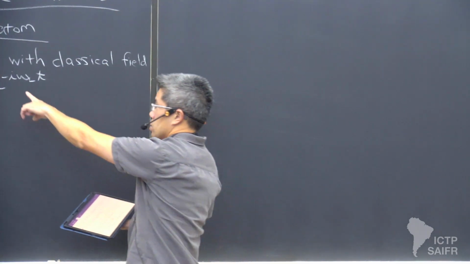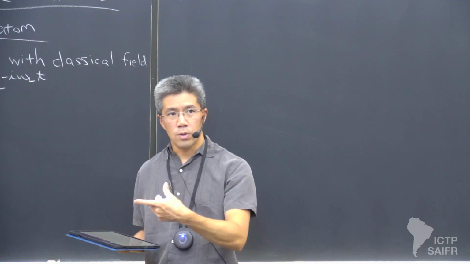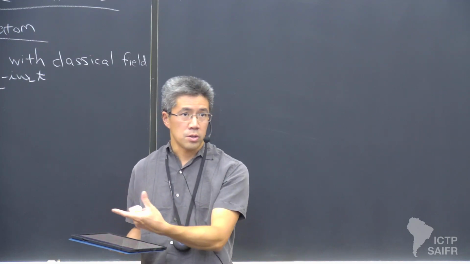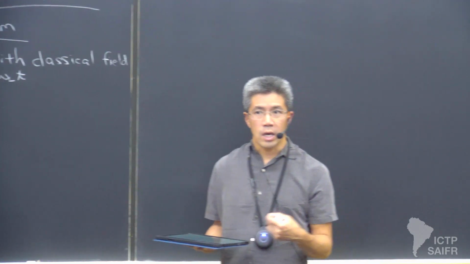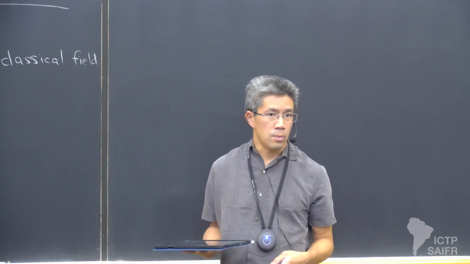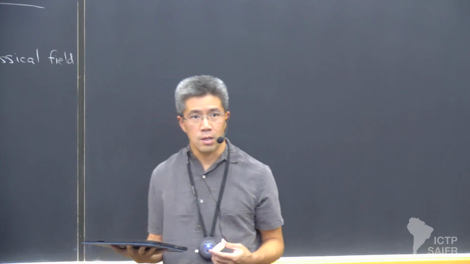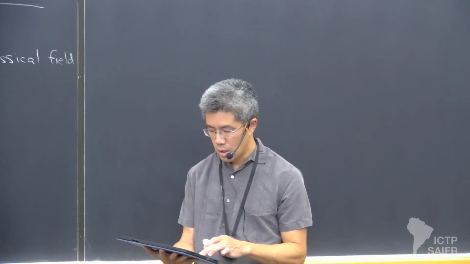So the fact that the laser is oscillating at a rate omega L means that if you stuck it directly into the Hamiltonian, you get a time-dependent Hamiltonian. And there's nothing wrong with that per se, but it's more convenient to solve time-independent Hamiltonians.